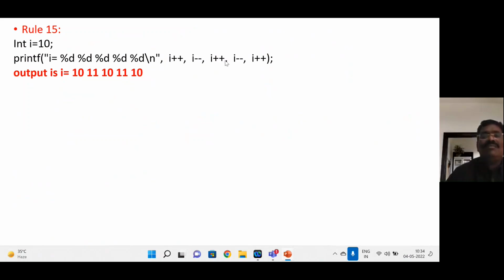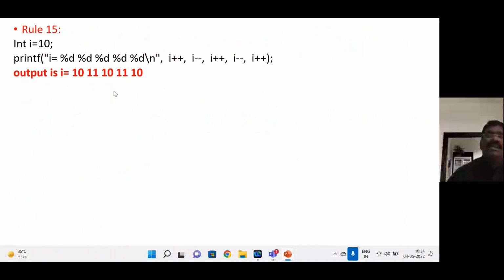After that it will be incremented by 1, and the next one printed is 11. After that, increment, so you can get 10, 11, 10 like this. So here all are post operators, a mixing of alternate increment operators and alternate decrement operators. That is the post operators. I understood that, right?